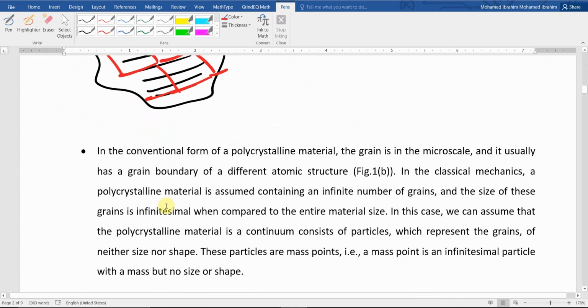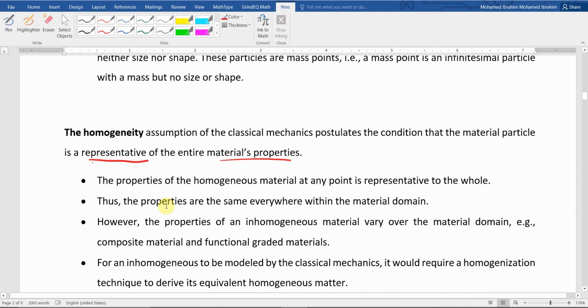This is the meaning of the homogeneity assumption of classical mechanics. So the homogeneity assumption postulates first that the material particle, which is the representative of the material, should be very small and be representative of the overall material properties.